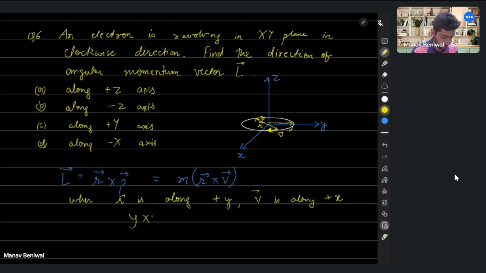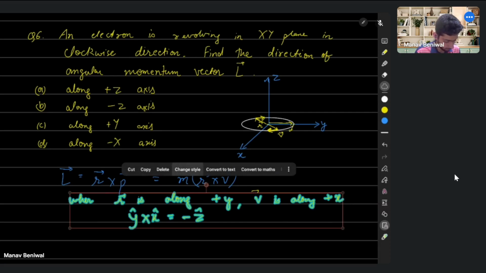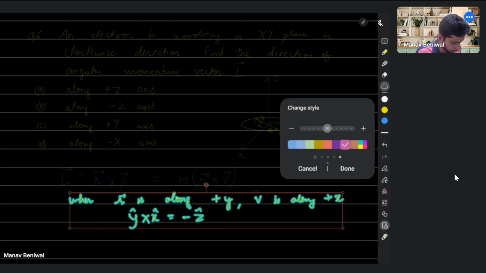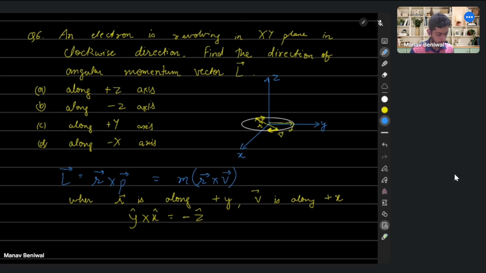Now y cap cross x cap gives us minus z cap. Therefore L is along minus z axis.